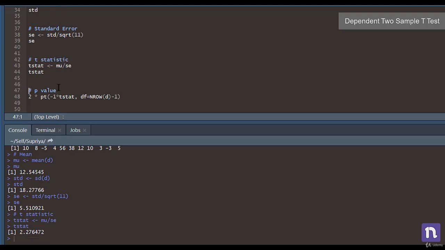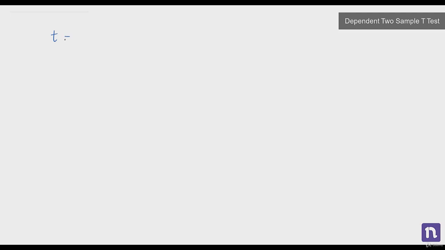Now we want to compute the p-value. This is the formula I have used to compute the p-value. Let me explain what this actually means. We saw that the t-statistic value is 2.27. Where does this fall on the t-distribution curve? So suppose this is the t-distribution curve. It's not shaped well, but that's okay. The center of this t-distribution curve is 0.